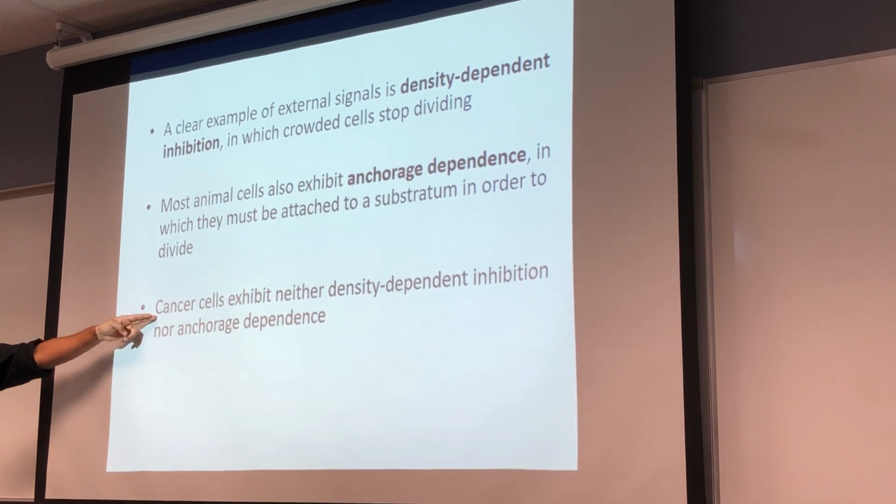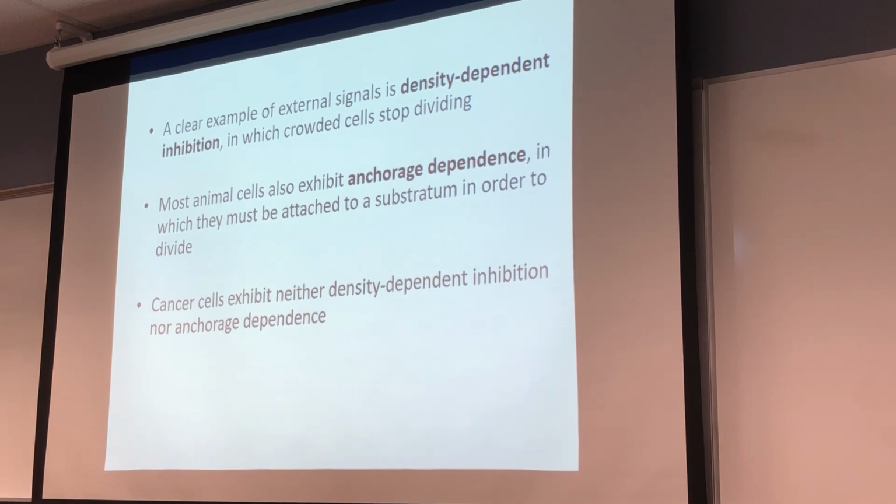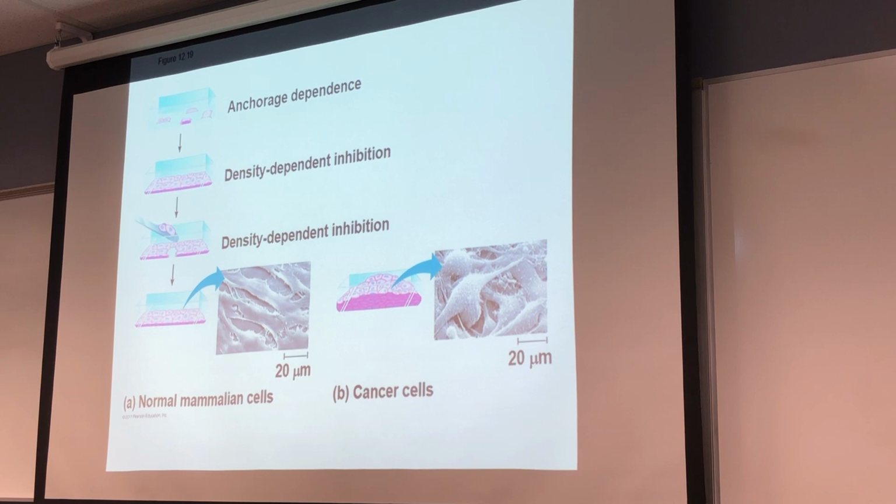But cancer cells exhibit neither density-dependent inhibition nor anchorage dependence. So, for example, here, normal cells exhibit anchorage dependence. In other words, they need to bind to the substrate, to the surface, in order to be attached and then grow and divide. Okay?